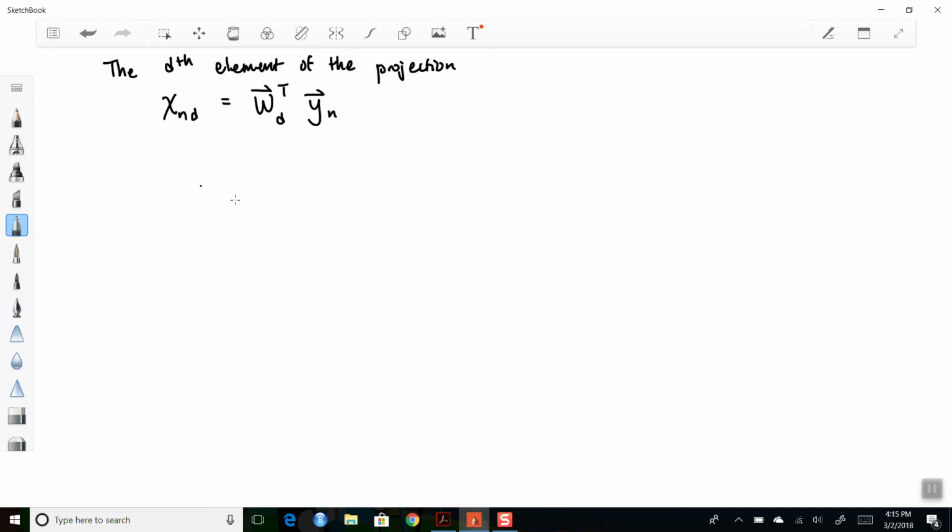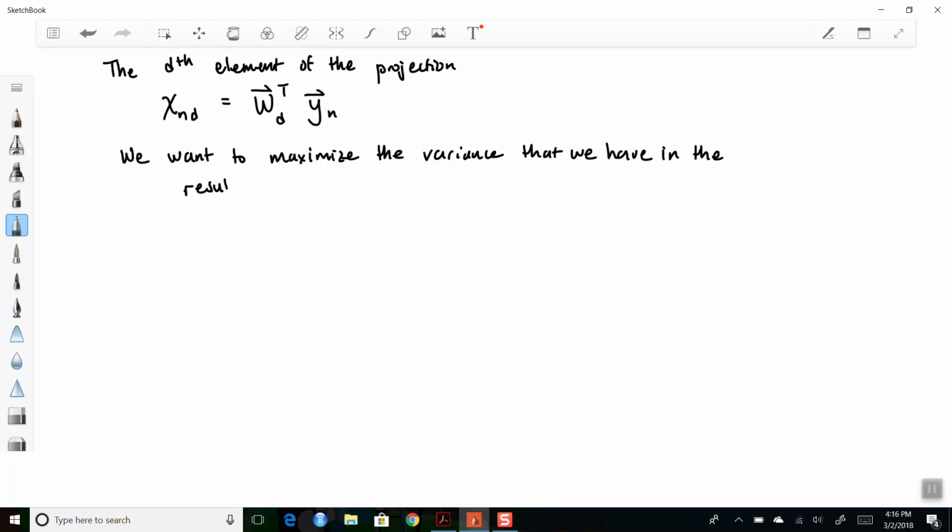Okay, and what we want to do is we want to maximize the variance that we have in the resulting projected space. Okay. So after we make the projection, we want the resulting projection to have the most amount of variance. Okay.